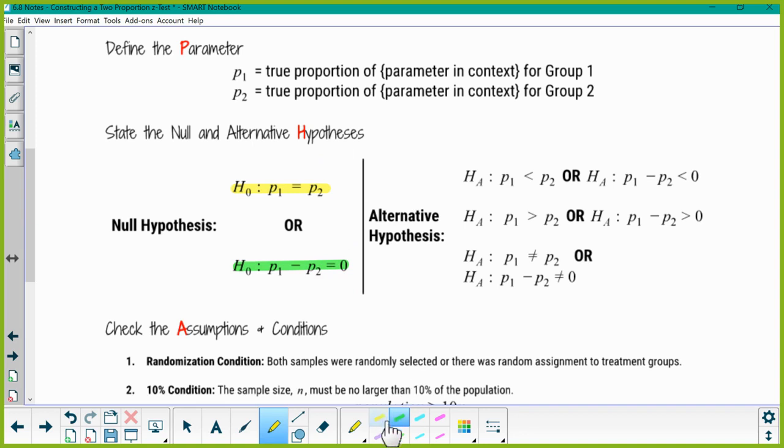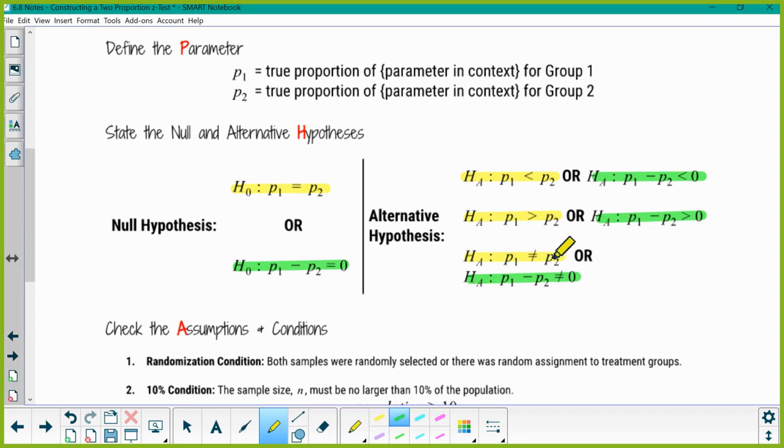Now, there are a couple of different ways you can write your alternative hypotheses. Again, we have the less than, the greater than, the not equal to, the no difference. Following the other way you could write the null, we have the less than, the greater than, the not equal to. All of those follow the same pattern as our one proportion tests. These are our three options.